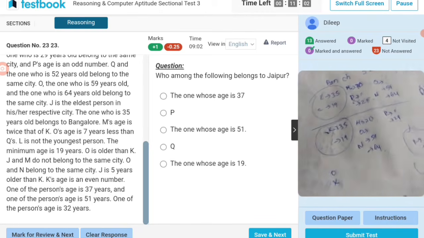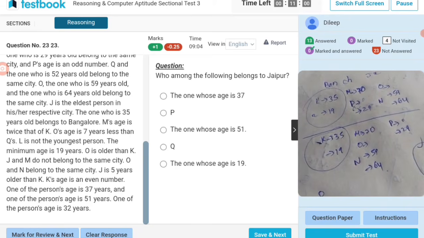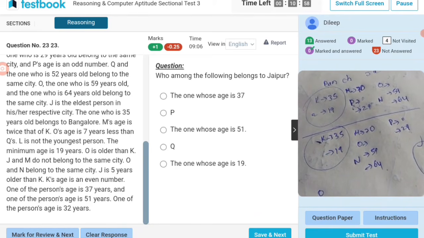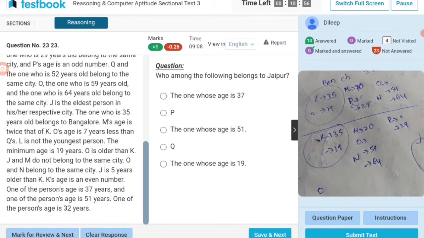Okay, overall 9 persons I think. So here 28.